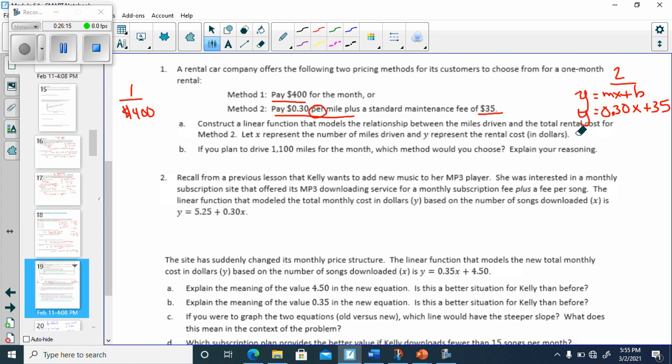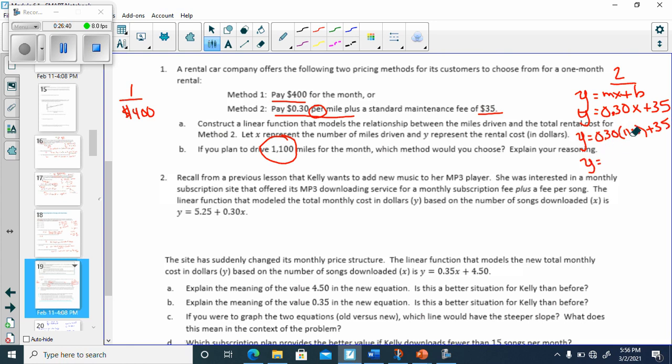Now, that being the case, if you plan to drive 1,100 miles for the month, which method would you choose? Well, let's plug this back in. Y is equal to 30 cents per minute times 1,100 miles plus 35, okay?